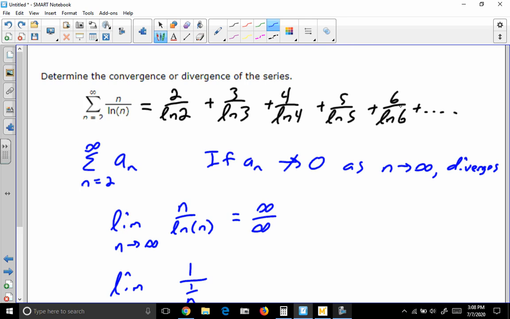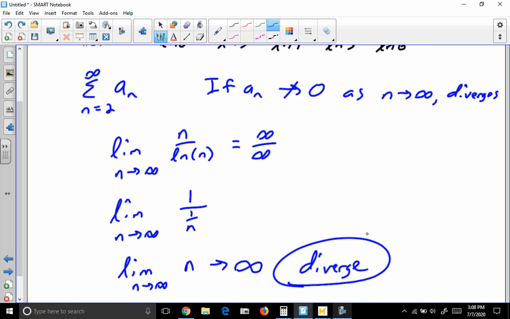These are getting bigger and bigger and bigger. And if we're adding numbers that are getting bigger and bigger, then our partial sums are getting larger and larger, and they're going towards infinity. If they're going towards infinity, then they diverge. They don't go to a specific number.